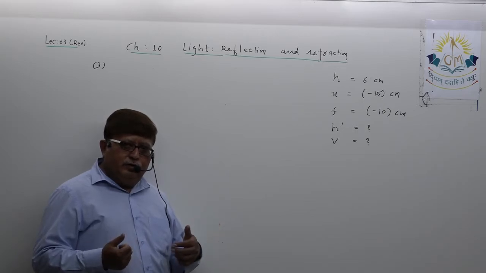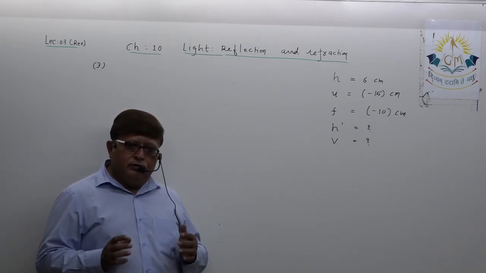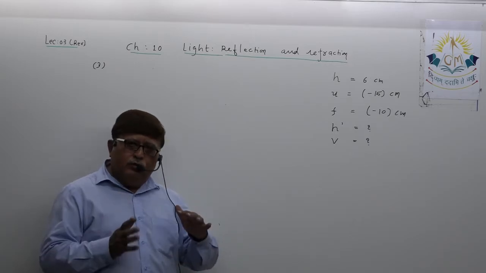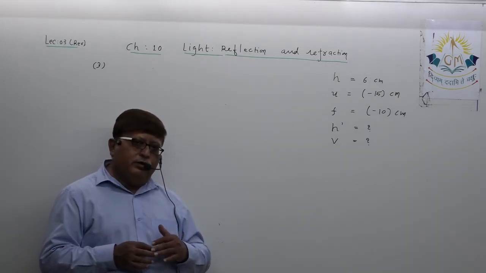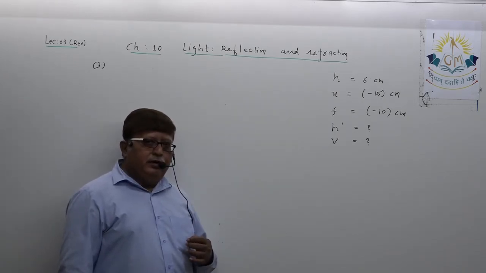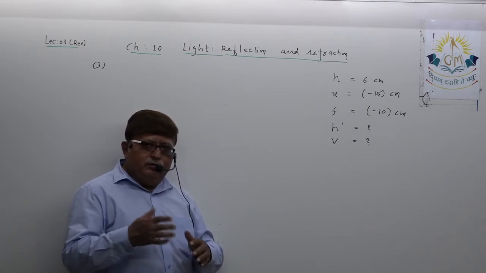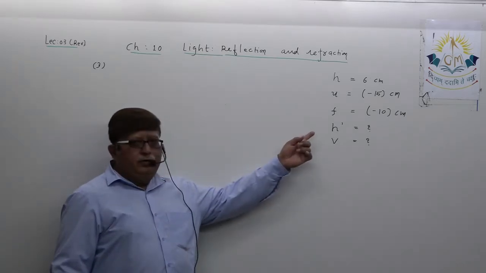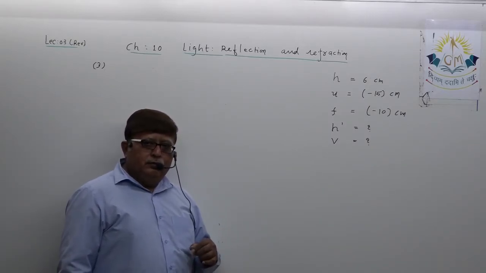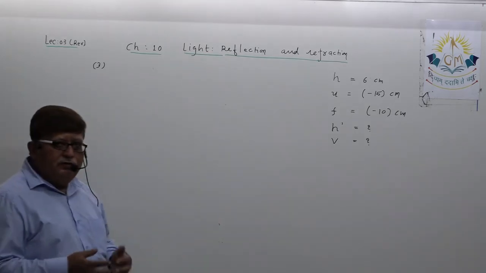This is the third example we are taking, and I insist that you should solve such examples more and more because, when H, U, and F are given and you are looking for V, you can twist the sum yourself, that you give the value of V and you look for U. So what you call applied is like this only.